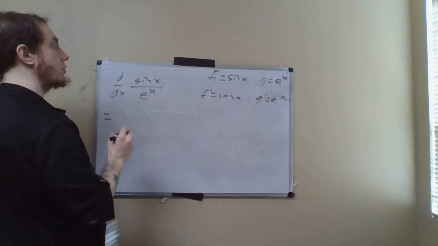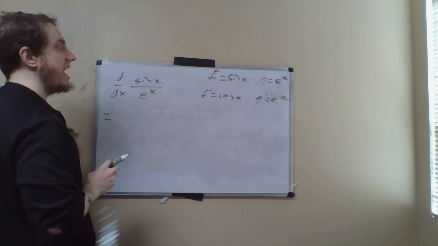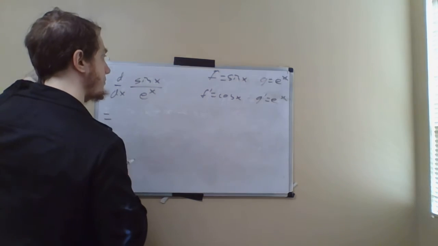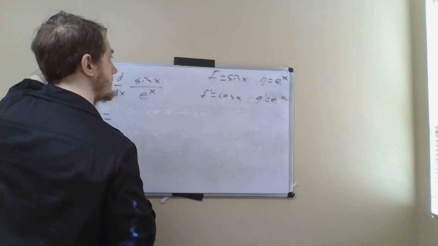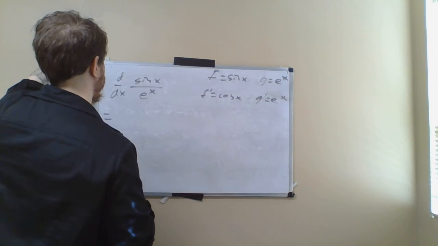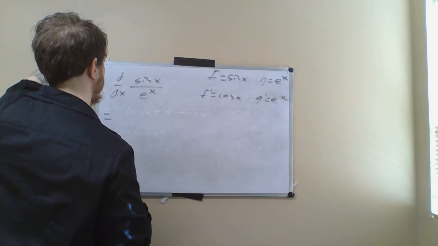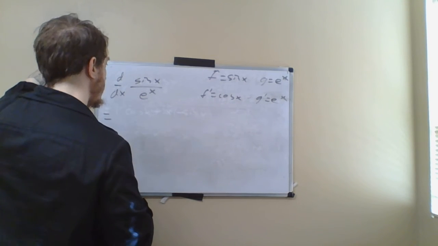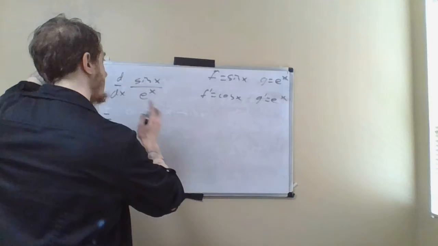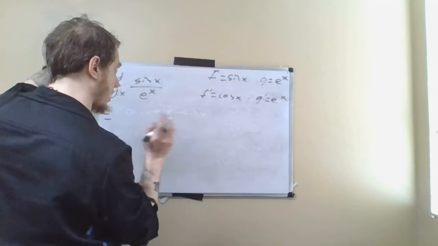Then using the quotient rule, we have f prime g minus f g prime. I got the signs wrong in my head, that's where I was pausing for a second.